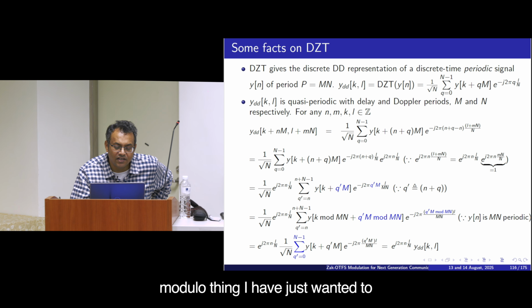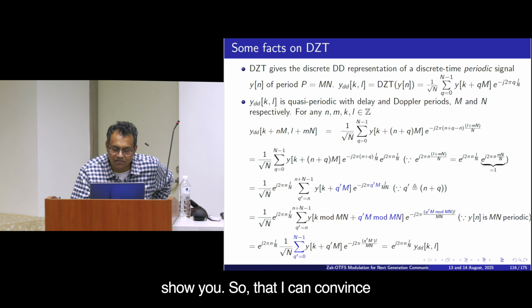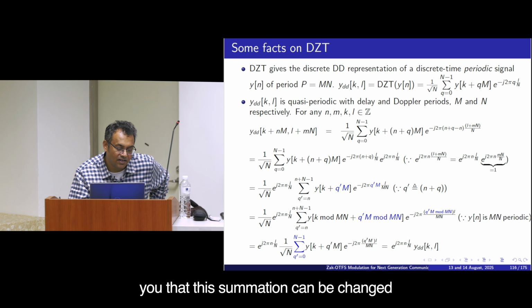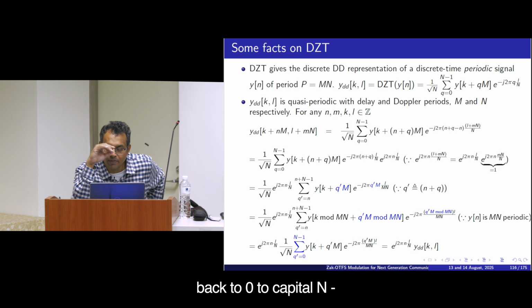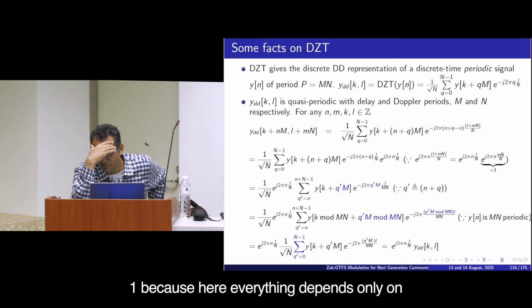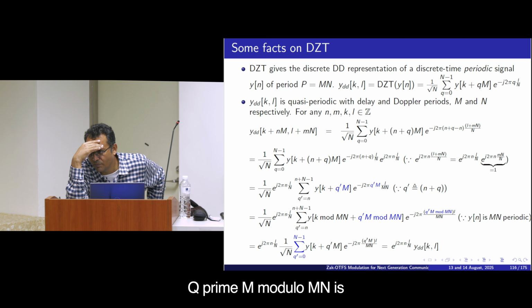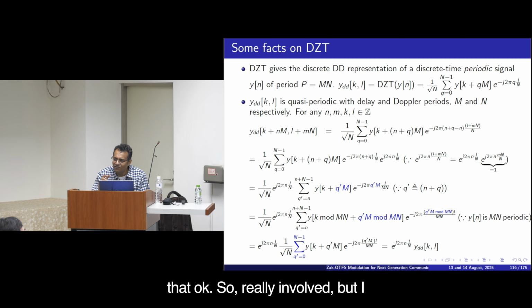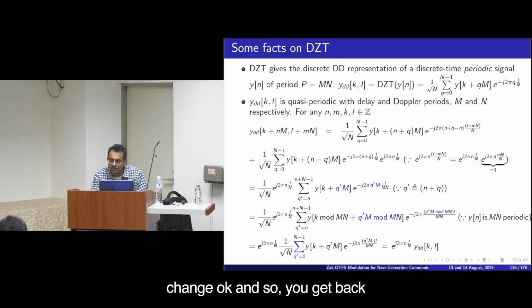I just wanted to show you this modulo thing, so that I can convince you that this summation can be changed back to 0 to capital N minus 1, because here everything depends only on q prime m modulo Mn. Is that okay? It is a little involved, but the capital N terms in this summation are the same, it does not change, okay. And so you get back this, right.